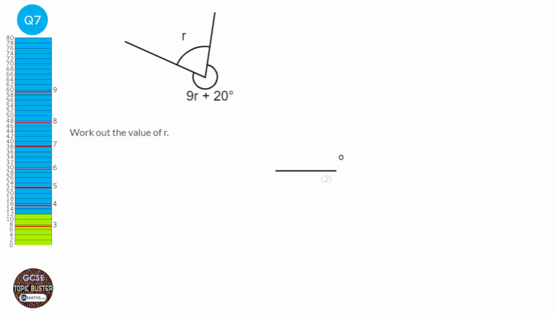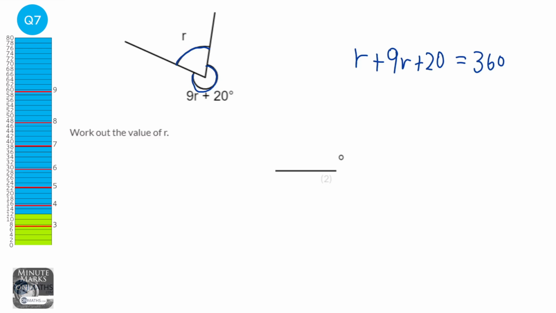So angles on a point add up to 360, and we are given the values of the angles, but in terms of r. So we know that r plus 9r plus 20 will equal 360. So we've got an equation here we can solve. So first of all, let's add the r's together.